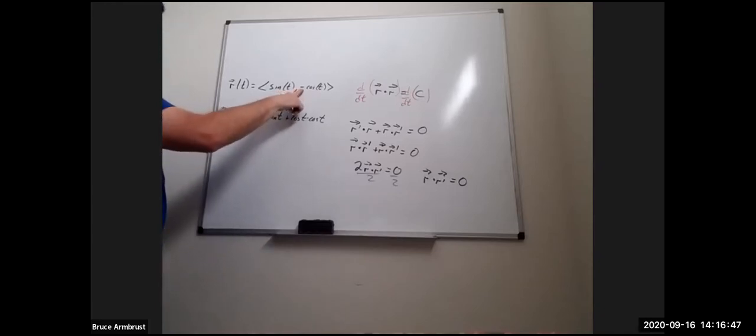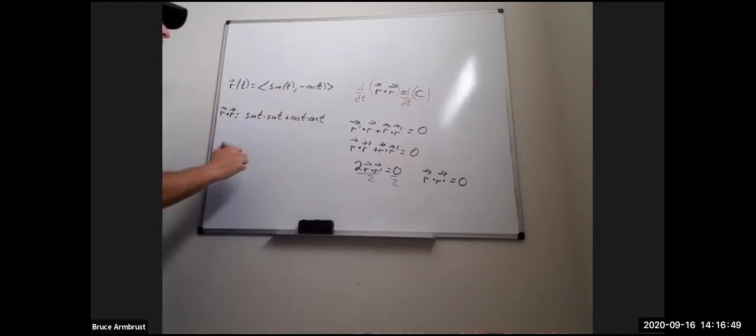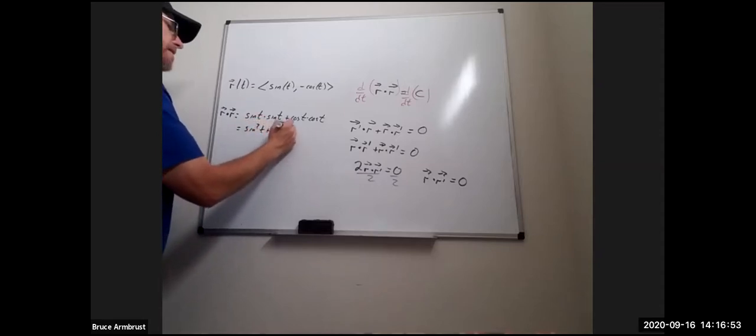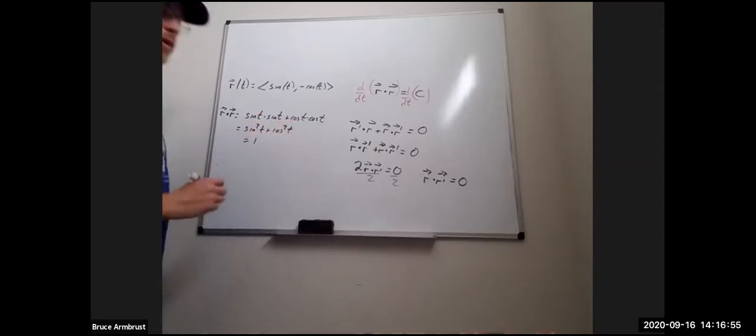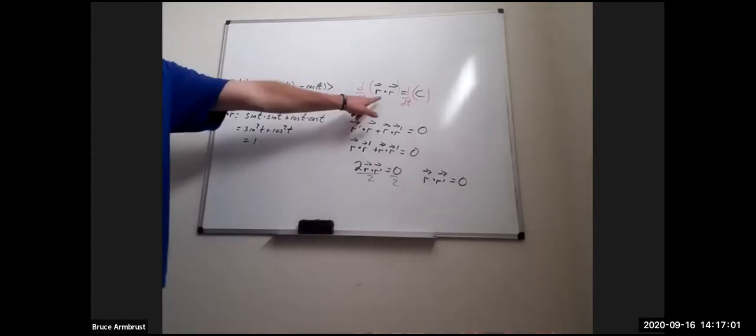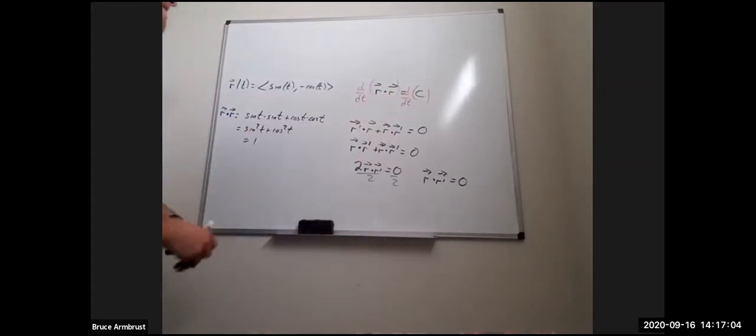Remember, the negative when I multiply by another negative gives me a positive. So this is sine squared plus cosine squared, which you all know is 1. Okay, so we have r dotted with r is a constant. So that means that r prime must be orthogonal to r always.